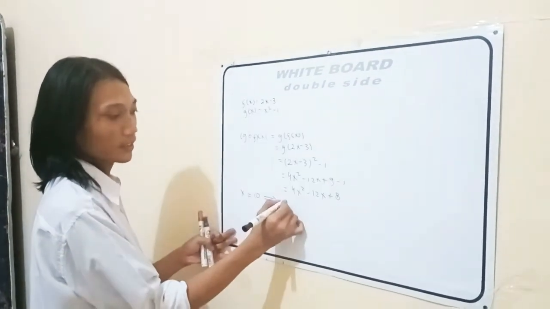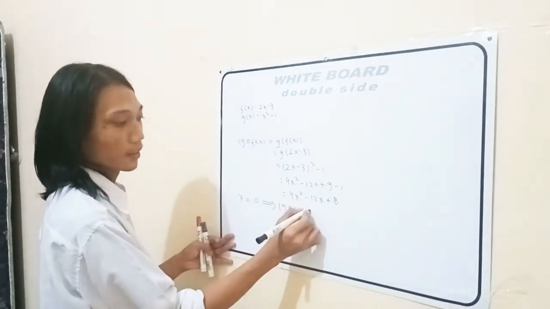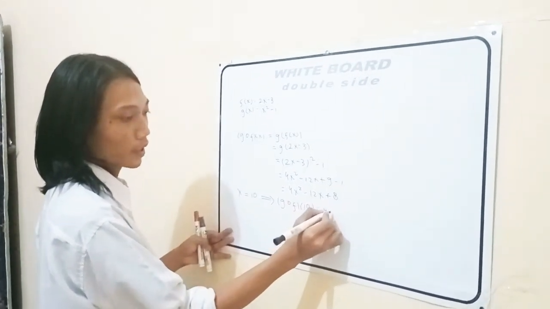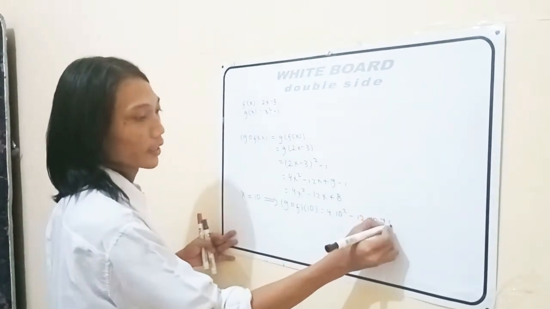And then we get g composition f(10) is equal to 4 times 10 squared minus 12 times 10 plus 8.